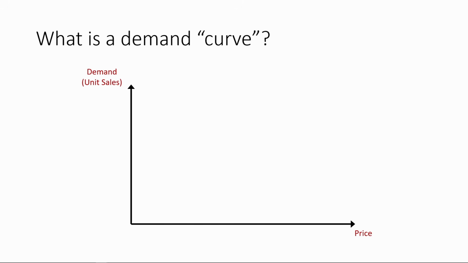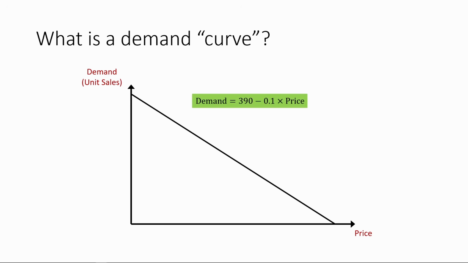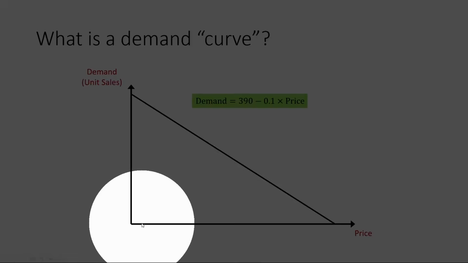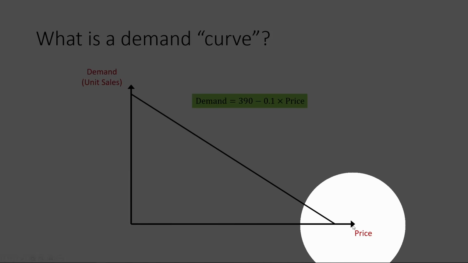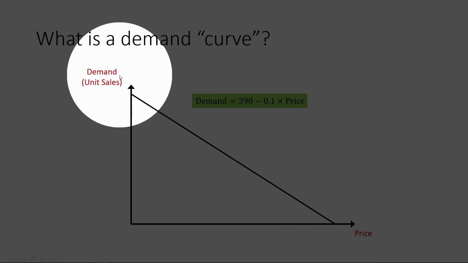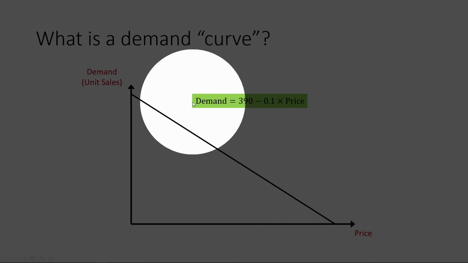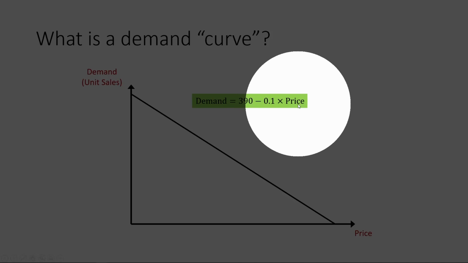First, what is a demand curve? In particular, we're going to look at the simplest form of demand curve. In fact, we are talking about a linear demand curve. In this illustration, price is the horizontal axis and demand is the vertical axis. The demand is formulated as a linear function of price.